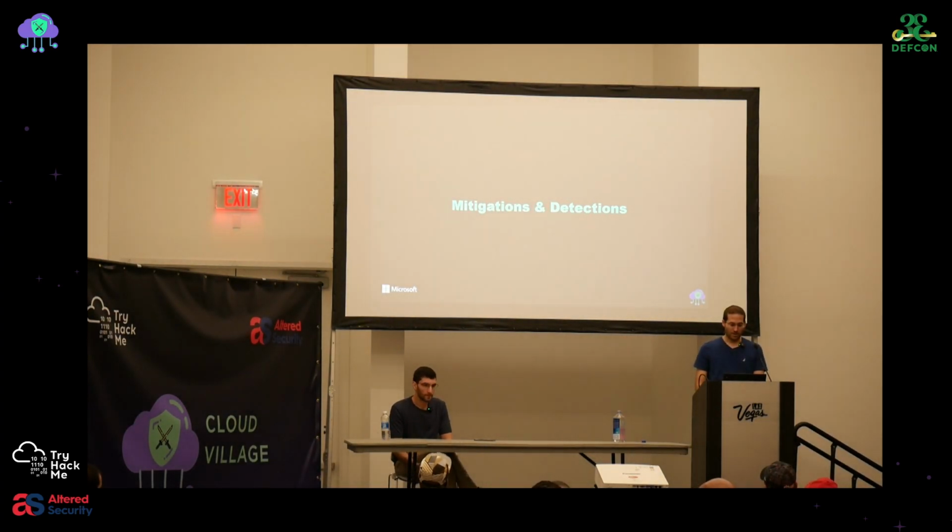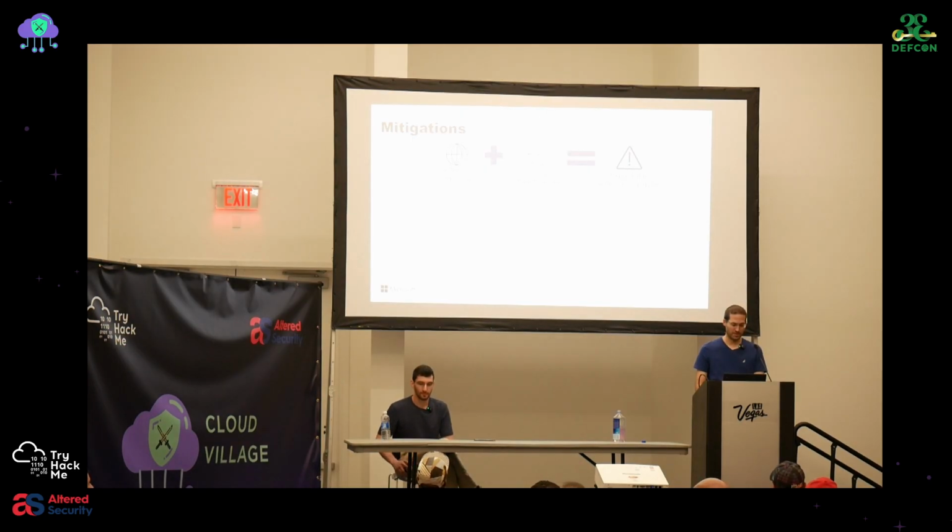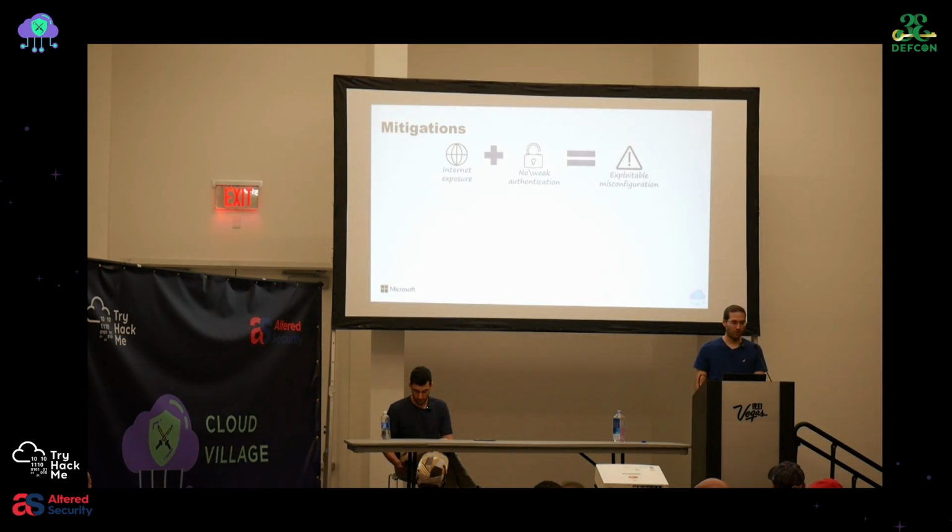So after we talked about the problems, let's talk about the solutions. And we will start with mitigations. As we said, exploitable misconfigurations are usually a combination of two things: internet exposure plus weak authentication. Let's begin with the internet exposure. We should always map the external surface of the organization. Obviously, some applications should be exposed to the internet and that's fine, but sometimes this exposure is actually a misconfiguration.